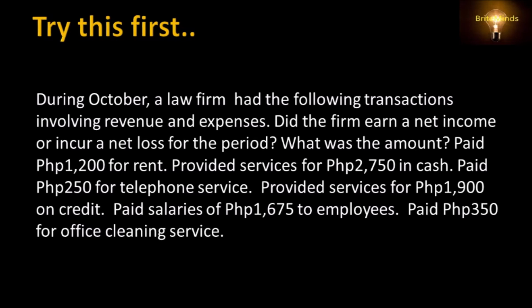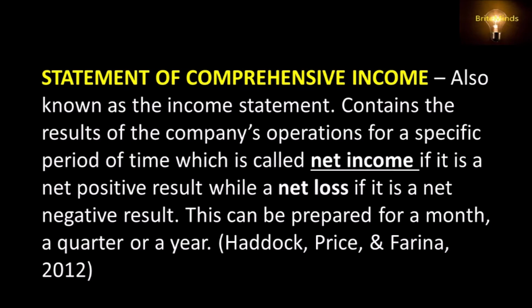Let us define statement of comprehensive income according to Haddock, Price, and Farina. Statement of comprehensive income is also known as the income statement. It contains the results of the company's operations for a specific period of time, which is called net income if it is a net positive result, while a net loss if it is a net negative result.